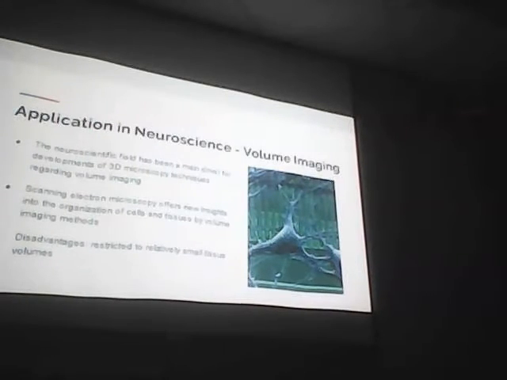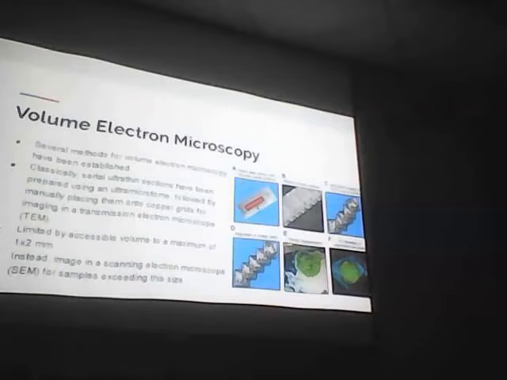Okay, so this is the last part we will talk about. It's the volume electron microscope. Survival methods for volume electron microscope have been established.